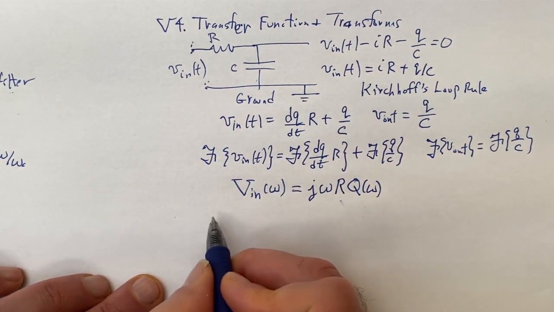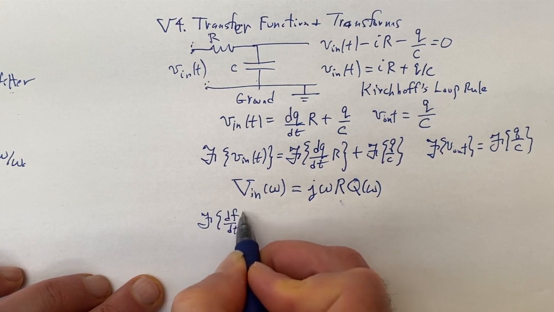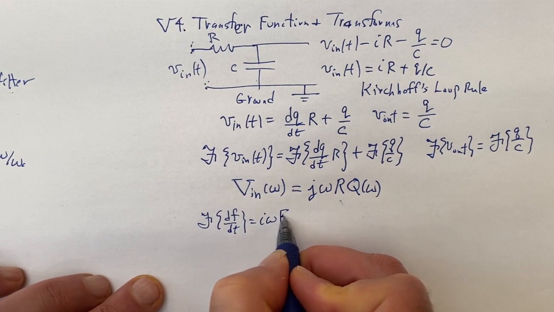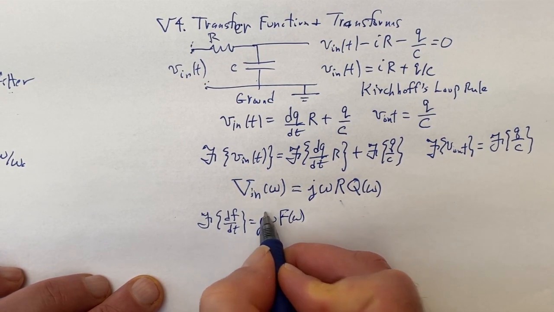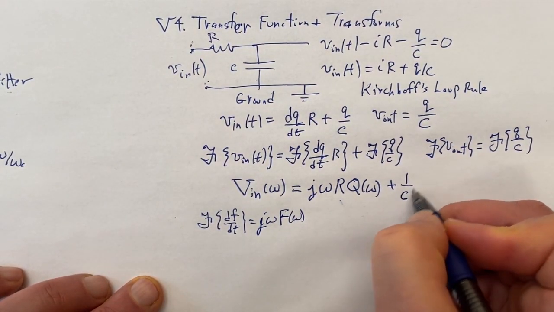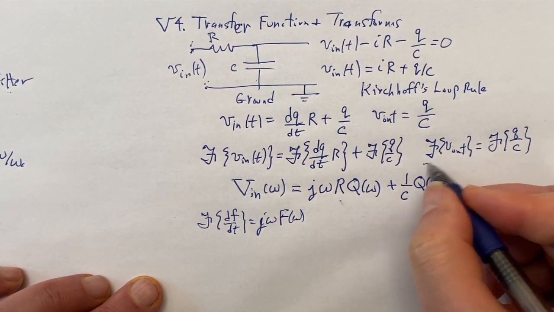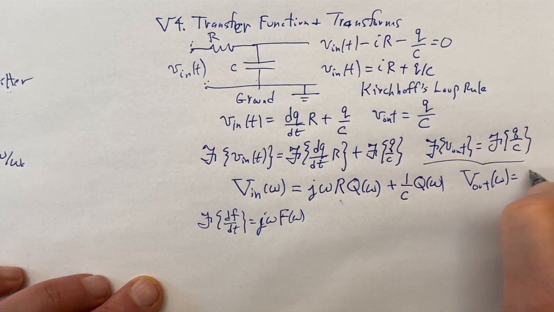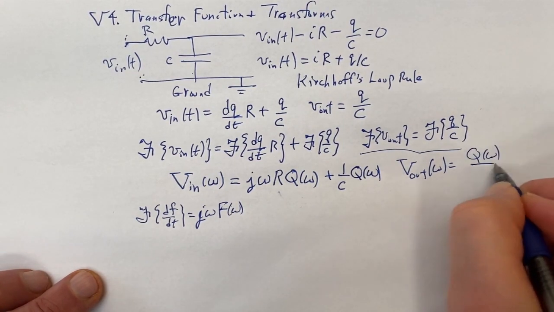So the rule is, when you have the Fourier transform of a derivative, df/dt, before we had i omega, but now we're using j. So that's that one, and this is going to be plus 1 over C times the Fourier transform of Q. This is very easy here. The output Fourier transform is the Fourier transform of Q over C.